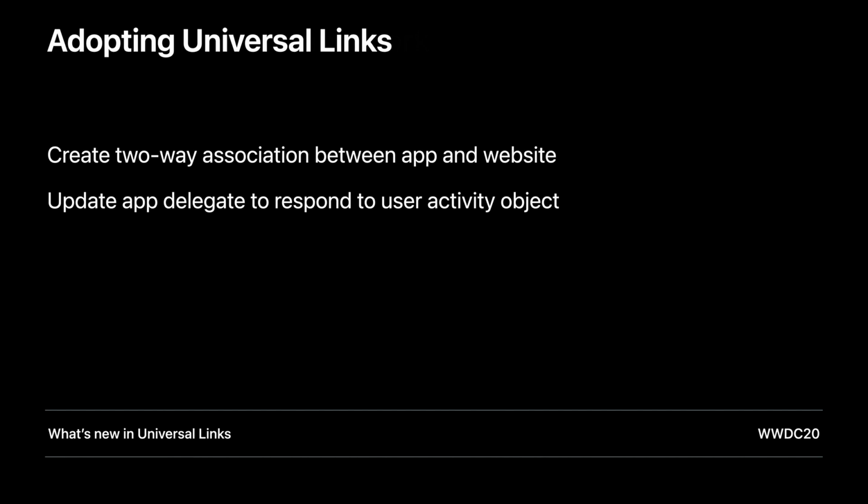You create them by adding the associated domains entitlement to your app and by adding a JSON file to your web server. Next, update your app delegate to respond to the user activity object the system provides when a universal link routes to your app. For more information, please watch the What's New in Universal Links video.